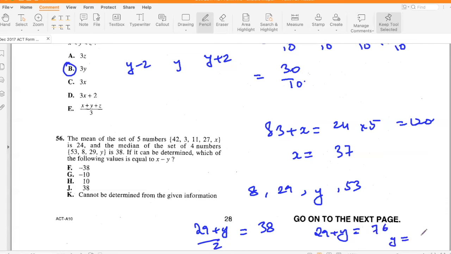So y is 47. Yeah, so y can be 47 because 47 is less than 53. So that makes sense. So then y is 47. So x minus y is negative 10.